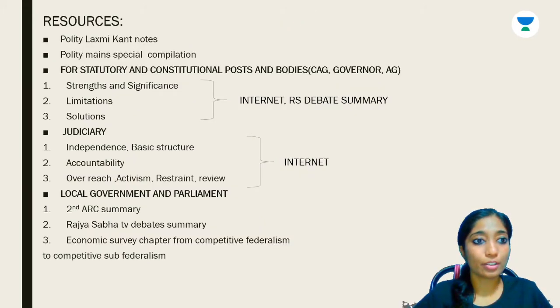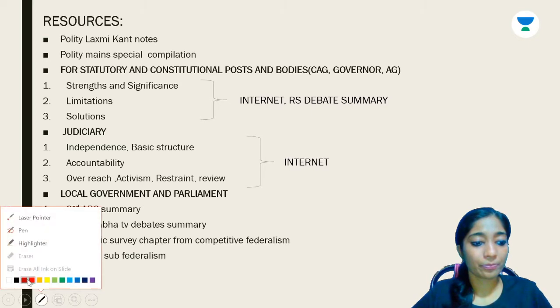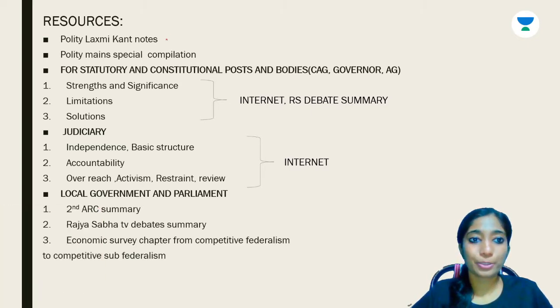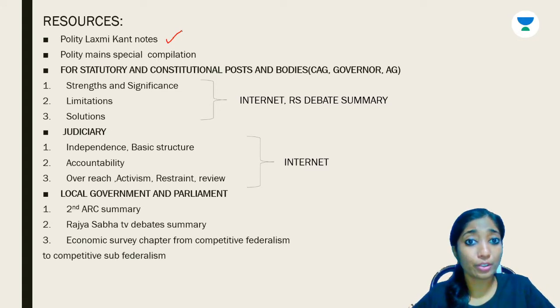For this, the resource first and foremost is Lakshmikant notes. Whatever I had prepared for prelims, I did not write any other static notes; I just used it for the mains also to cover the static portions.